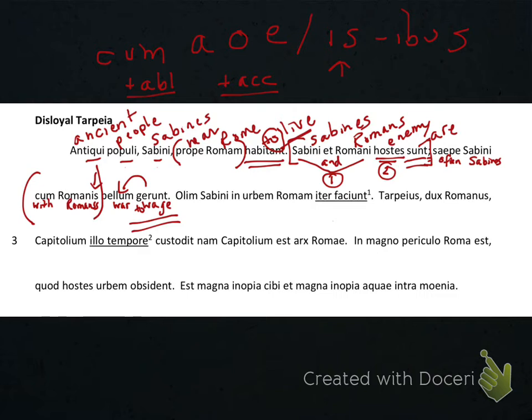So that's the end of my prepositional phrase. What does it mean? With the Romans. So someone is waging war with the Romans. Who? The rest of the words in the sentence tell you the answer to that question, and they often tell you how frequently they wage war with the Romans.